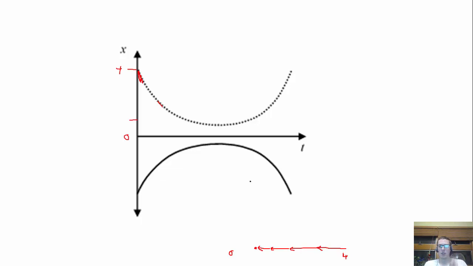But then it starts moving back towards 4, and its velocity is going to increase again. So it's moving back towards 4. The position of 4 right here. And by the time it hits 4, it is back to the velocity that it started with.